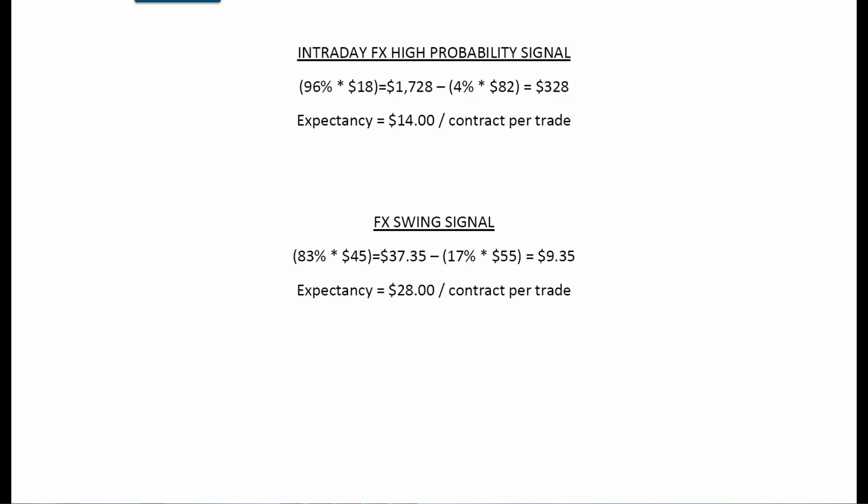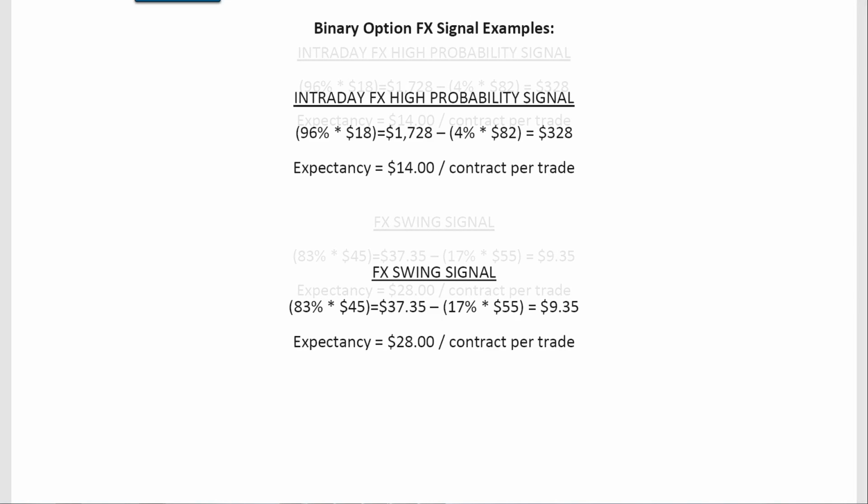Now, do you need a positive win rate for positive expectancy? And the answer is no. So, for example, you could lose 70% of the time, but when you lose, you only lose $10 per binary contract. So if you take 70% of $10, that's $7, right?